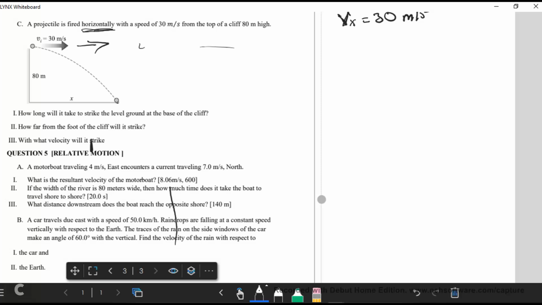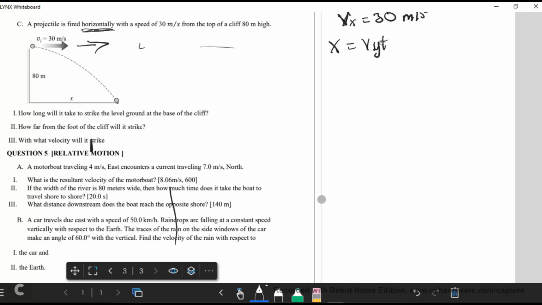So in this situation, we use the same thing, x is equal to vt. How long would it take to strike the bottom of the ground? Now this is y.